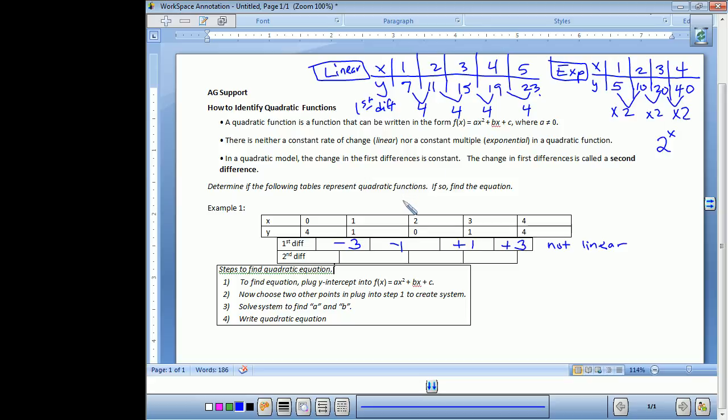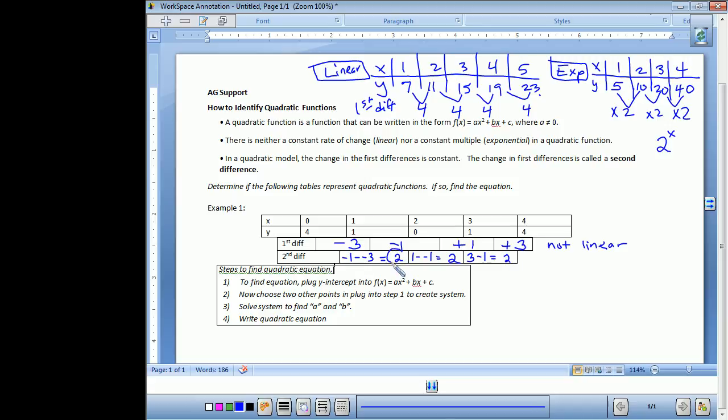But with a quadratic, which is what this one is, let's watch what happens here. What is negative 1 minus negative 3? Positive 2. What is 1 minus negative 1? Positive 2. What is 3 minus 1? 2.